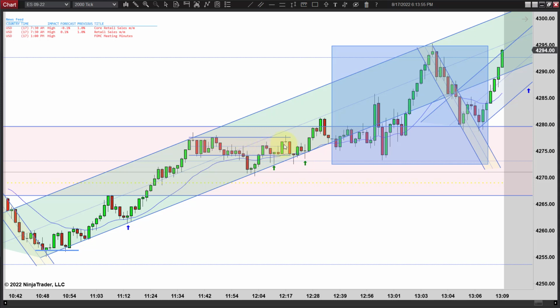You don't really look for failures and second entries in a range because you can get chopped to pieces. And so there's a chance you could go long there and it turned down and just keep chopping sideways. So I marked it green. It is a triple test. You do have not only the range lows there, you've also got the trend line, and you can clearly see it continues to hold up through there.